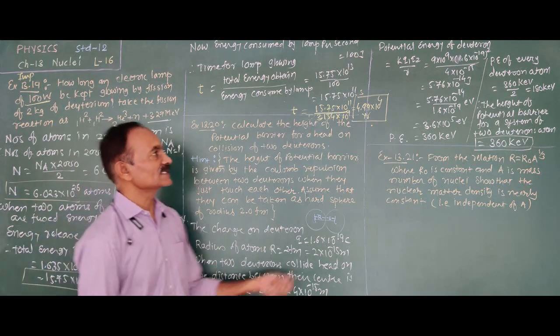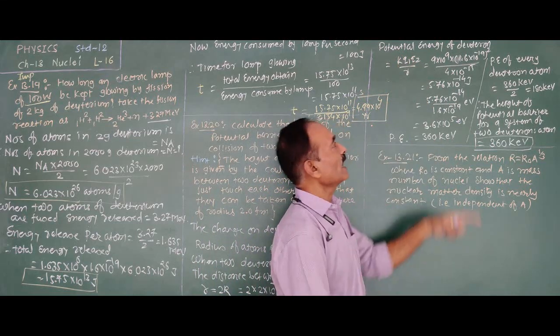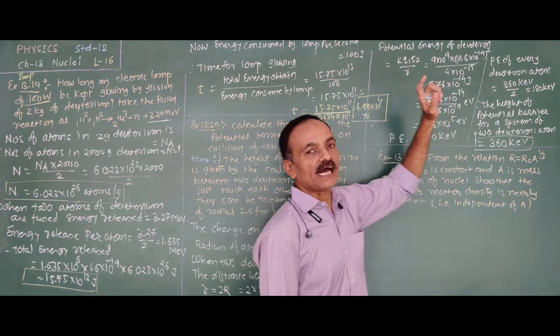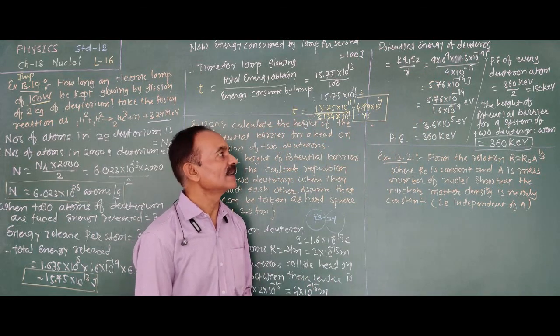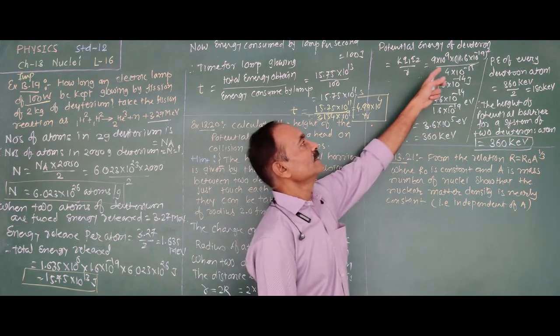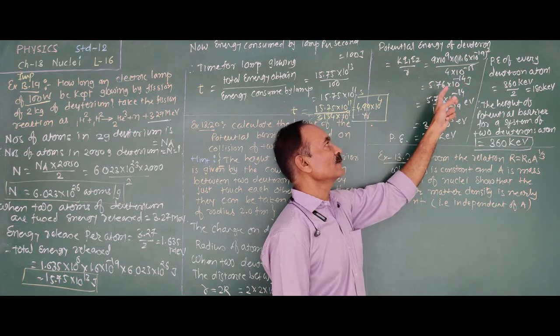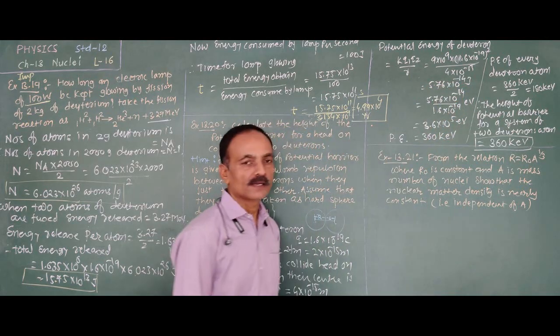We calculate the potential energy by using the equation K Q1 Q2 upon r. Substitute the value of K, 9 into 10 to the power 9, and the charge of deuterium, 1.6 into 10 to the power minus 19, divided by 4 into 10 to the power minus 15. Thus we obtain 5.76 into 10 to the power minus 14 joule.